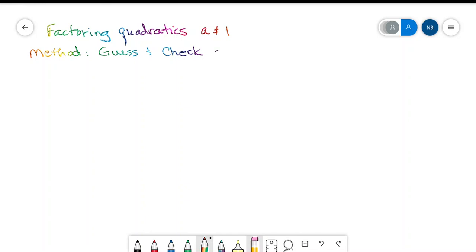You can also think of this method as unfoiling, because we are precisely going to unfoil the quadratic expressions. It has 3 steps. Step 1, I call get first. Step 2, I call get last.